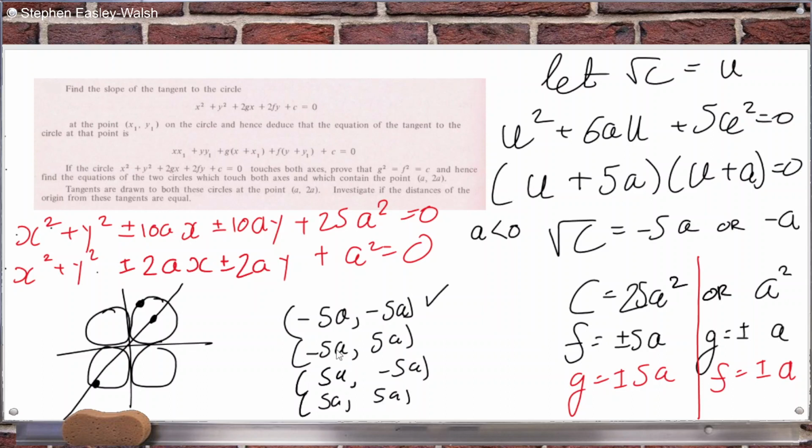So that one there would be positive, negative, so that's a no. That one there would be negative, positive, so that's a no. And that one there would be negative, negative, so that's okay. So the signs have to be the same. So both plus or both minus. But then I can do the same logic for the second one.